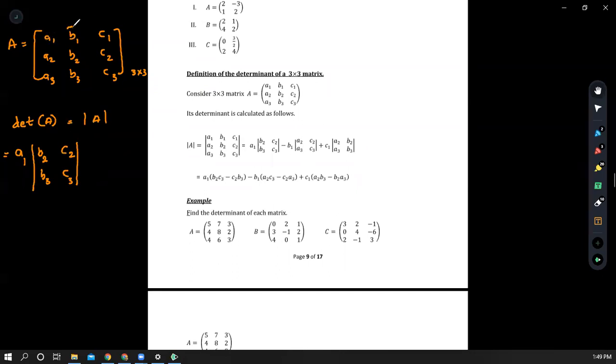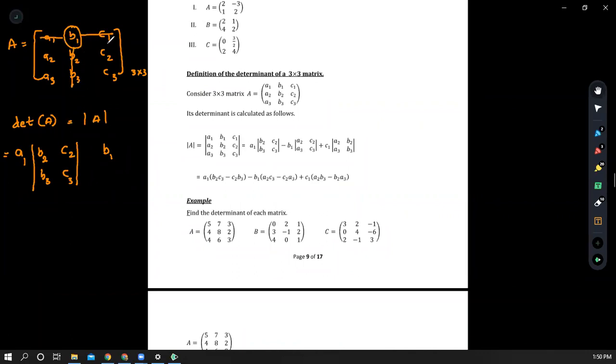Then I have to move to the first row, second column element. Once it is selected, we have to write it here. And as the last part, I will say how we can connect these terms. What we have identified as the first row, second column element was b1. Then we cut down the row and column associated with this value.